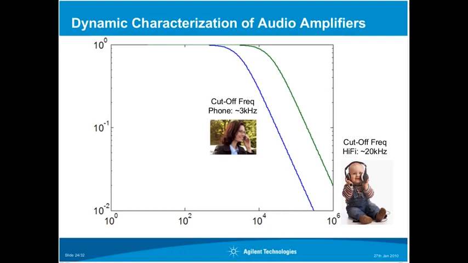Cutoff frequency of the audio amplifier actually gives you a quite good measure for what you can do with it. So if your cutoff frequency is 3 kilohertz, it's suitable for telephoning, but surely not hi-fi. If you have an audio amplifier having a cutoff frequency around 20 kilohertz, then you probably should be quite satisfied if you want to use it for hi-fi.